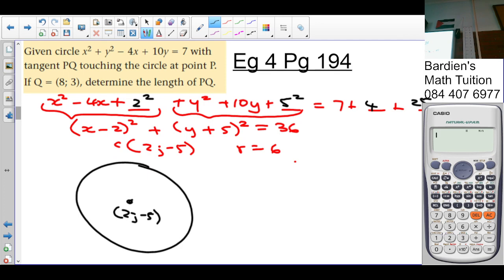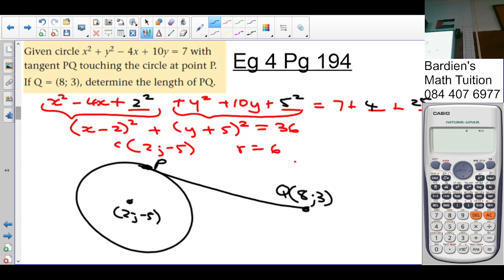Given the circle x squared plus y squared minus 4x plus 10y equals 7, tangent PQ touches the circle at P. So let's say it's touching there at P. If Q is (8, 3), remember the tangent is touching at P, so Q has to be away from P to form the straight line. Determine the length of PQ.